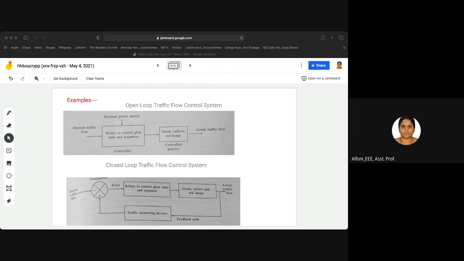Hence, we can say that this closed loop system is also sensitive to output disturbances. The system is a closed loop system as the input is influenced by the output through the feedback path. Here we can control the sequence of the lights based on the traffic on the roads. So one of the examples is this.